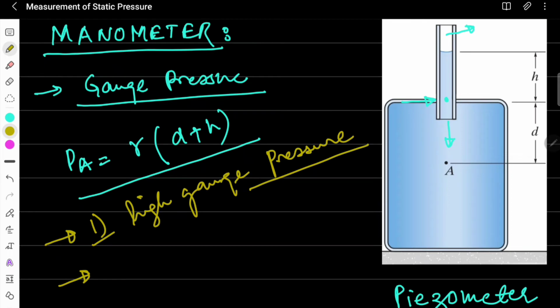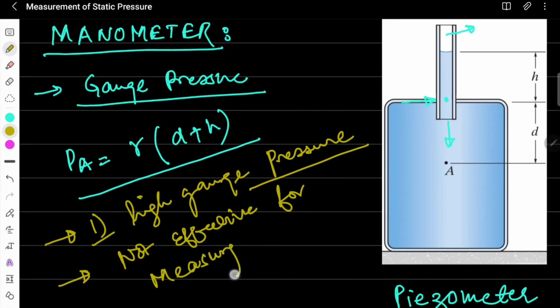Second, this is also not effective for measuring negative gauge pressures.